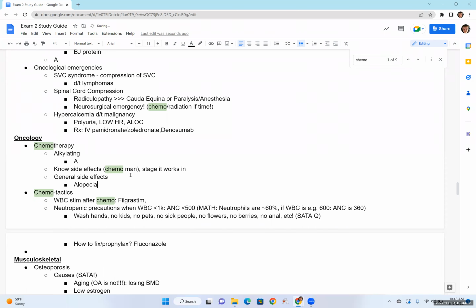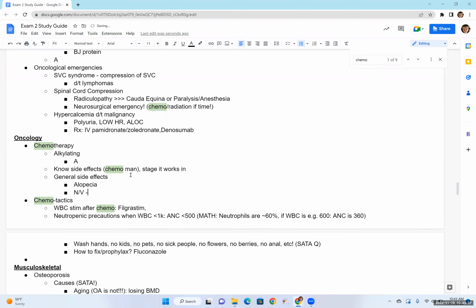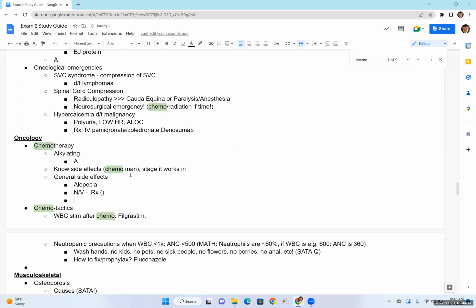Then nausea, vomiting, and we had some meds we could give there. Then the mouth can get dry, dry mouth or xerostomia. And then you had nurse interventions for each one of these.